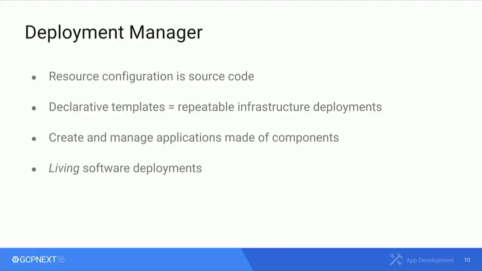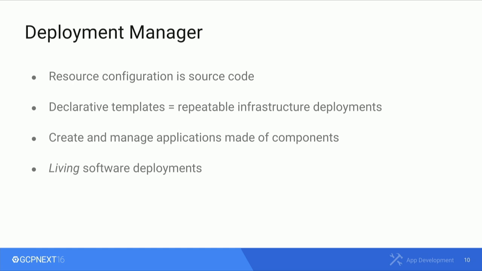What Deployment Manager gives you is resource configuration that you can treat like source code. You can version control it, you can share it, you can understand the evolution over time. And it uses these declarative templates described in YAML. And what those give you are these repeatable infrastructure deployments that you use on that gcloud command line.